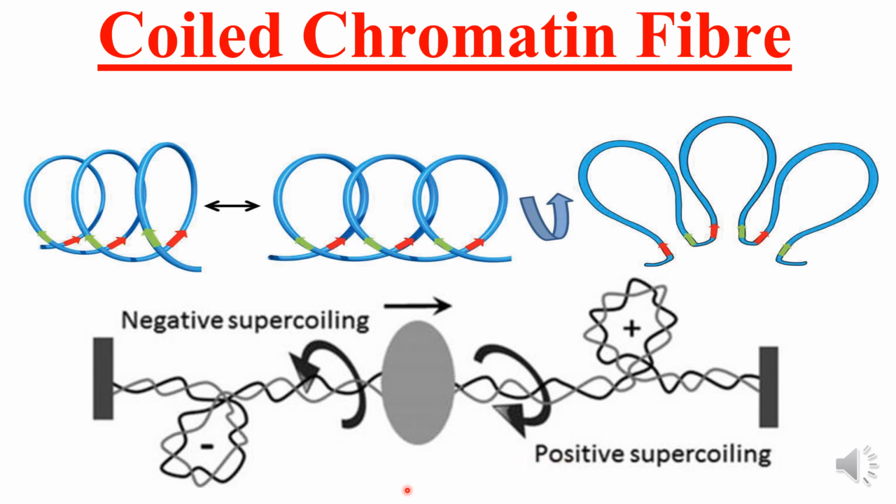By positive supercoiling, we mean that the DNA is highly wound or overwound, and by negative supercoiling, we mean DNA is underwound. That means the coiling is opening up. Okay, so this is how the DNA has two types of supercoilings, negative and positive.